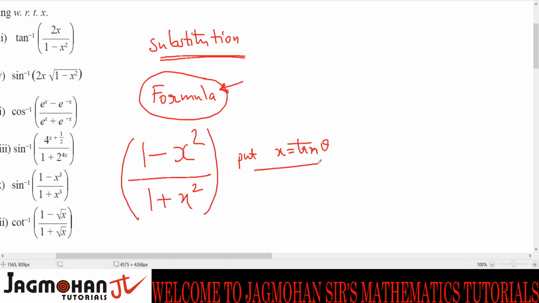When I put x equals tan theta, this becomes 1 minus tan square theta upon 1 plus tan square theta, which is equal to cos 2 theta.